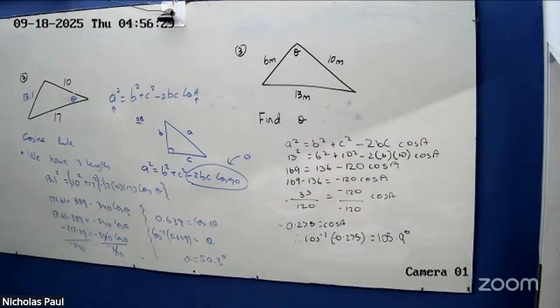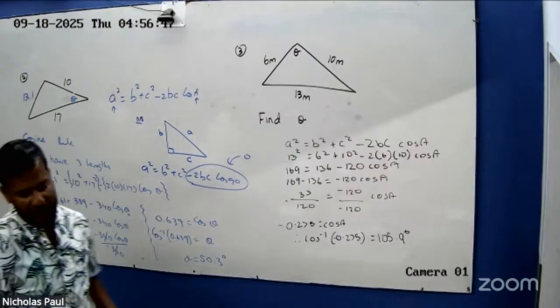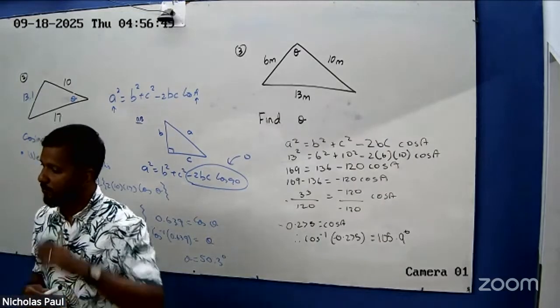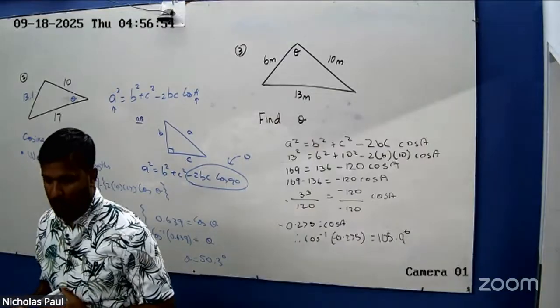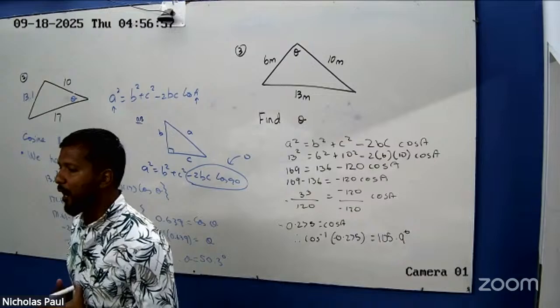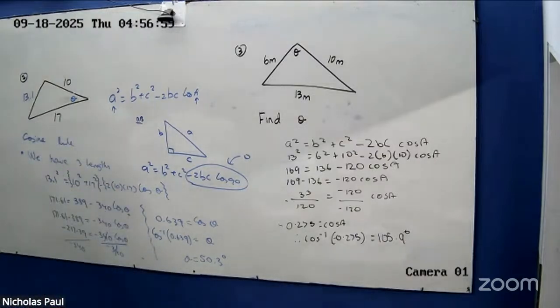Come on, pack up already. Note that when the angle is 90 degrees, cosine rule becomes Pythagorean theorem.